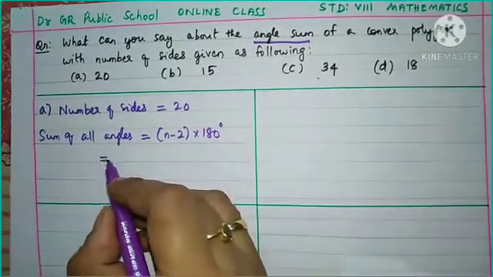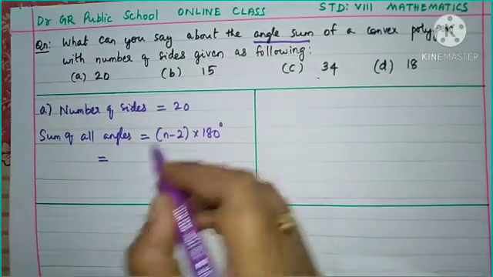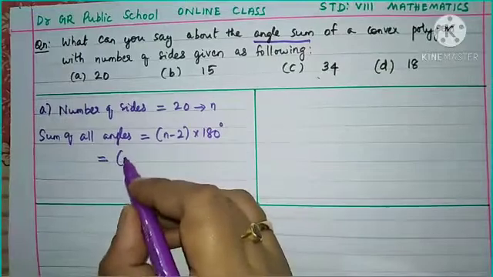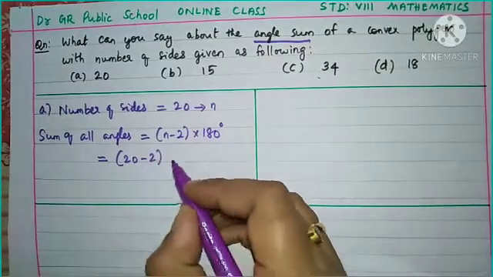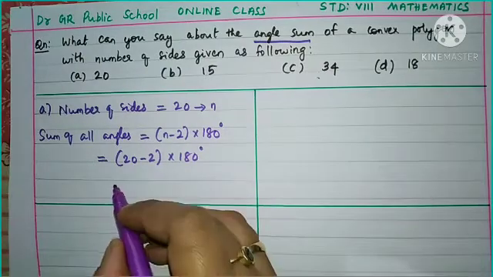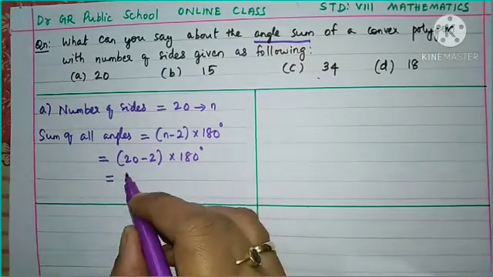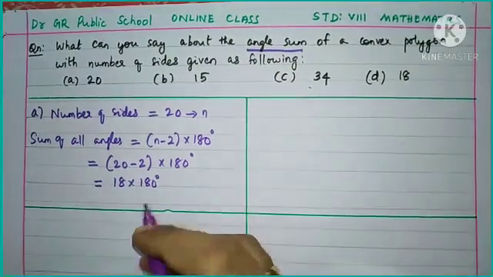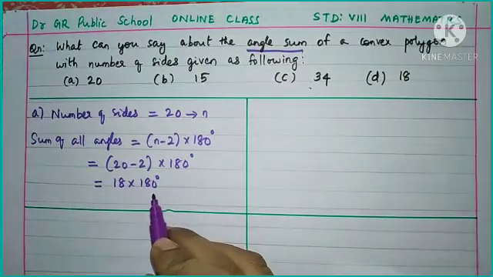That is equal to, what is n here? n is this 20. So 20 minus 2 into 180 degrees. Okay, so what is 20 minus 2? That is 18. 18 into 180 degrees. Do all these calculations in the working column.